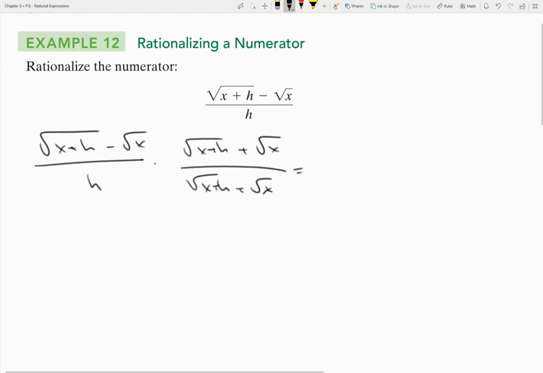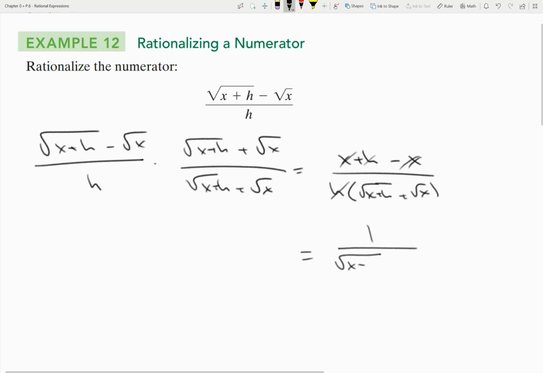And we now have a squared minus b squared when we multiply two conjugates together, which is just x plus h minus x. Well, that's nice because now we have h times this other numerator, the square root of x plus h, plus the square root of x. These two cancel out because they're opposite. Now these h's can cancel out because it's the only thing left. And so now I have 1 over the square root of x plus h plus the square root of x.